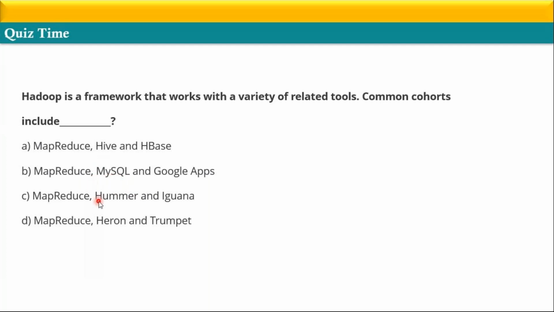So I got the input from two persons. Rahul, which one is the correct answer from your side? A. Okay. Rohit, Raj, A. Okay, it's A. Can someone explain why A is the correct answer?